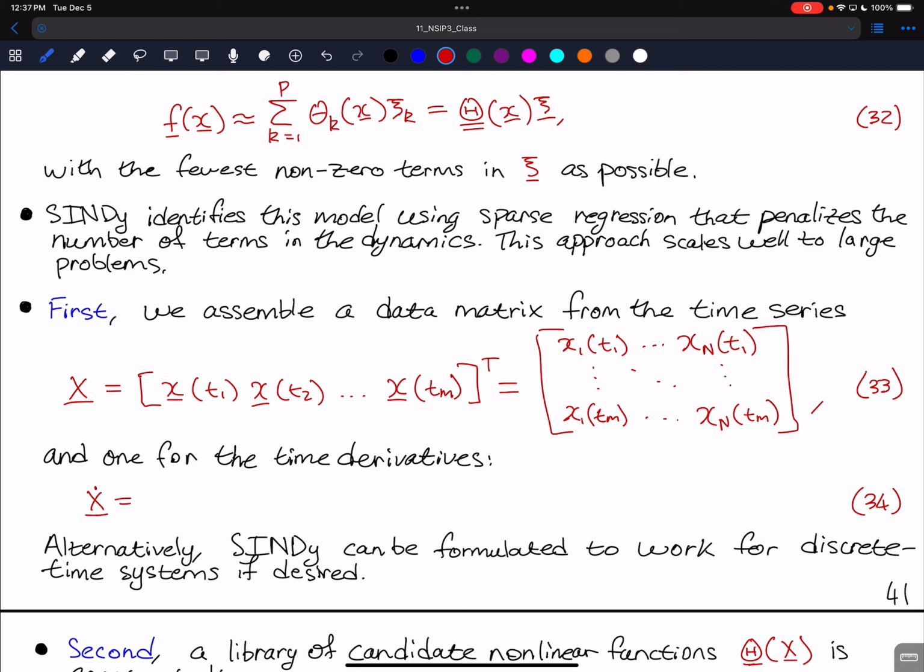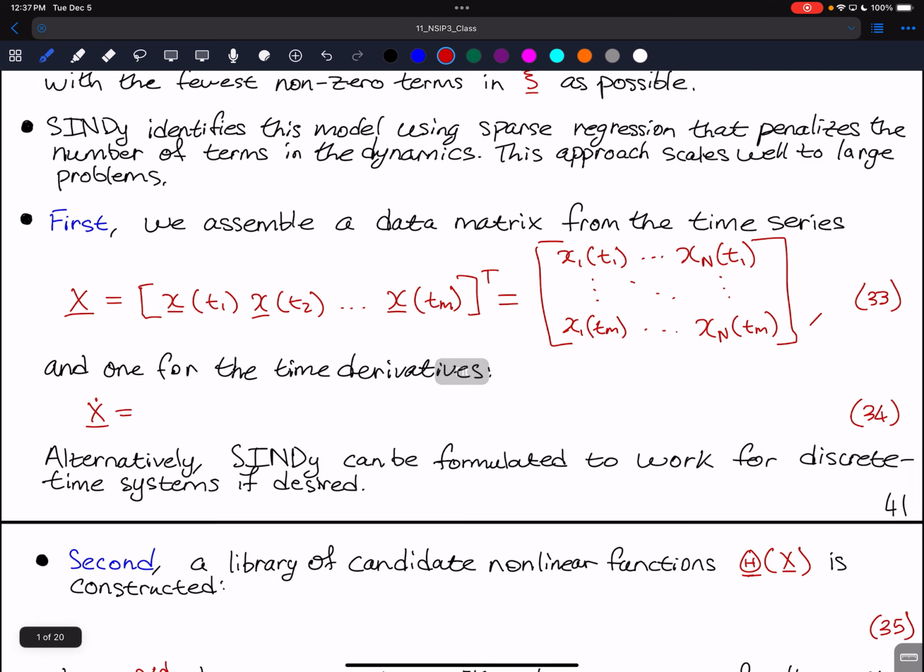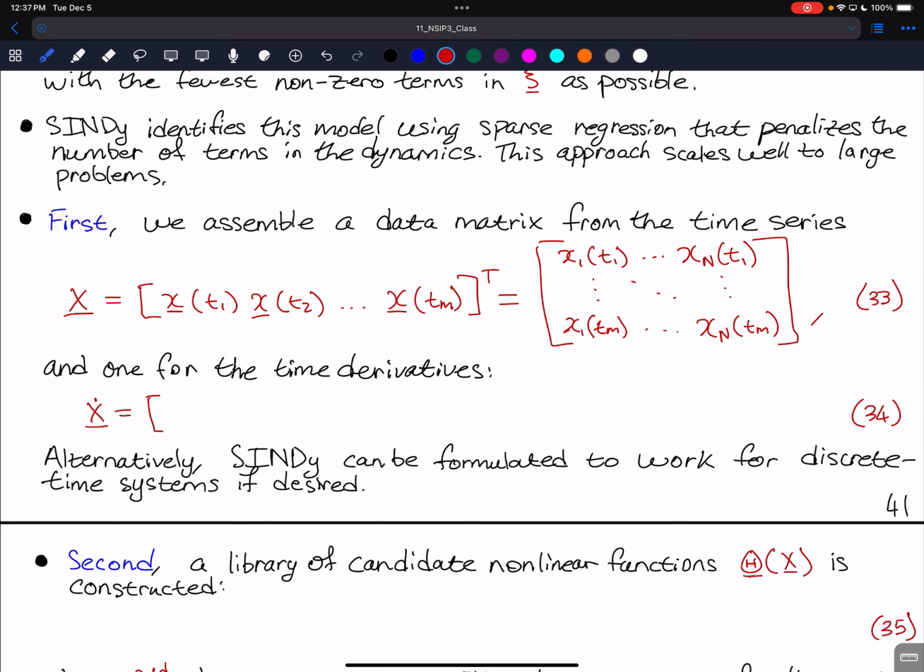So that's our data matrix, and then we also build one for the time derivatives of those states, which we'll just write as x dot at t1 up to x dot at t sub m.